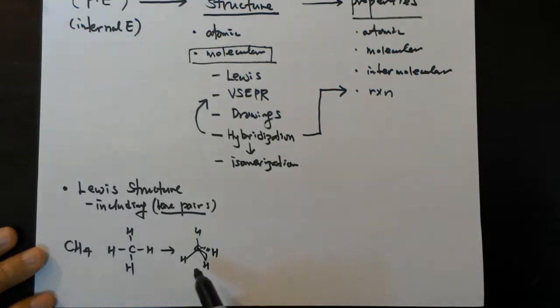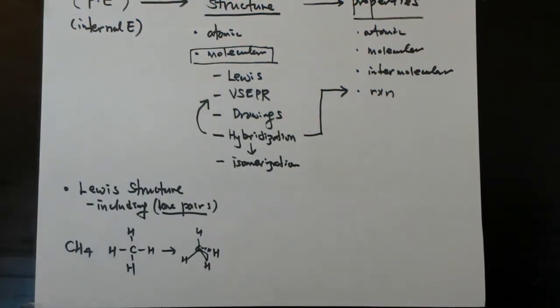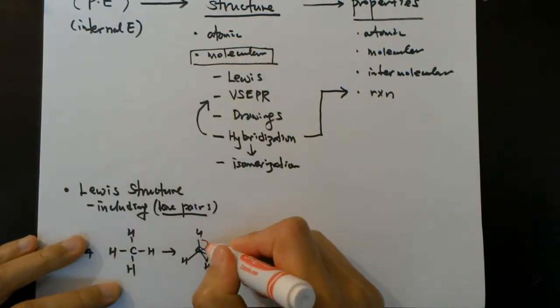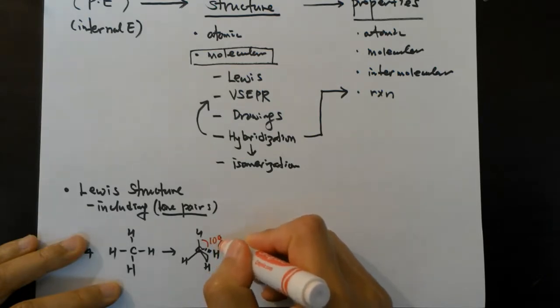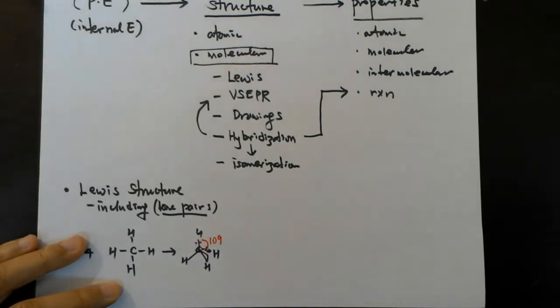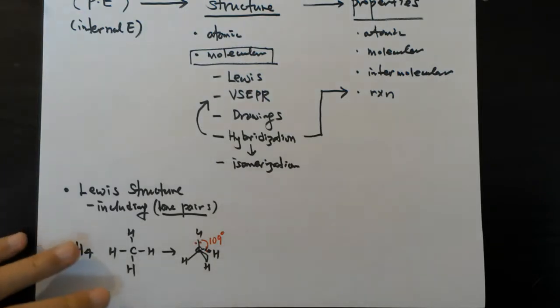We know now that it is a tetrahedral shape, where the angle between the electrons in the bonds is 109.5 degrees.